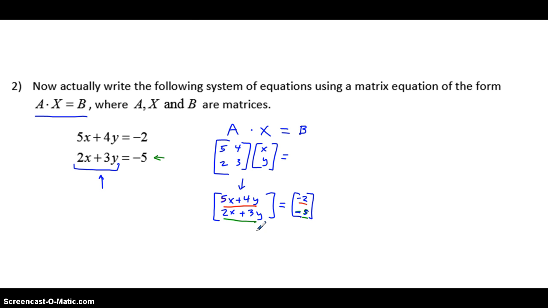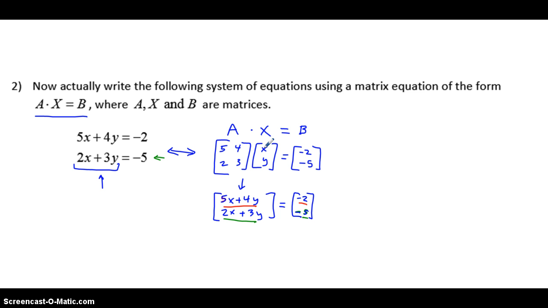So now we've basically written this as a matrix equation. I'm going to come back up here and just complete this: negative 2 and a negative 5. You can see that this has an exact correspondence with the system of equations.